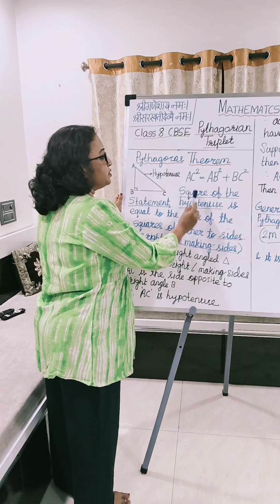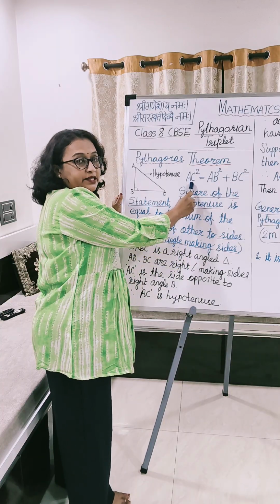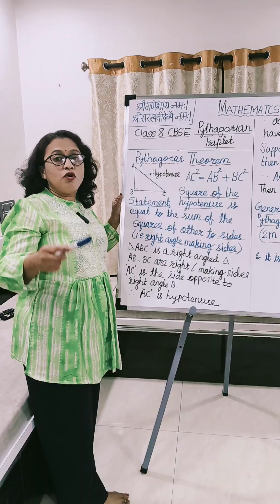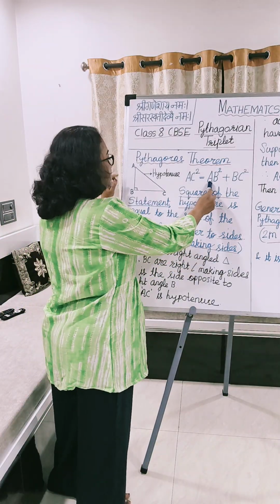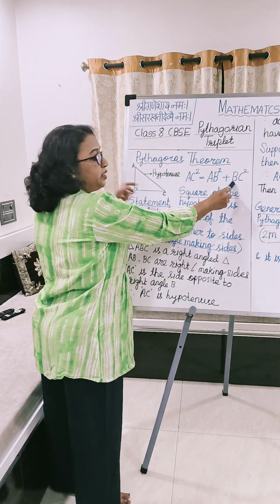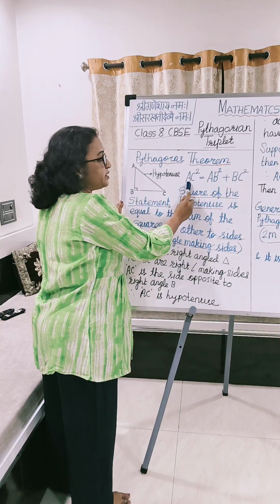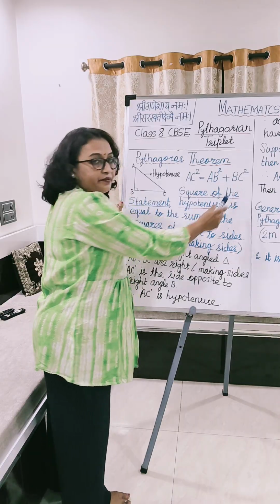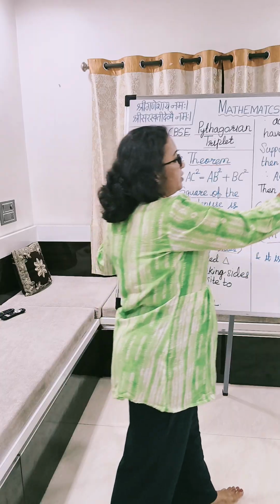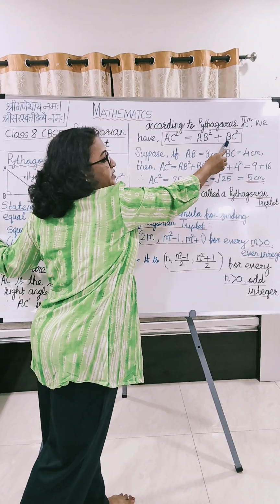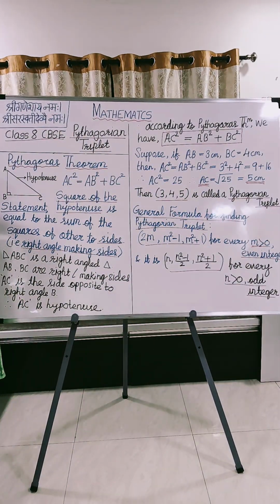Square of the hypotenuse, that is AC square, is equal to the sum of the squares of the other two sides, that is AB square plus BC square. So AC square is equal to AB square plus BC square. Now this theorem is applicable only to right angle triangles.